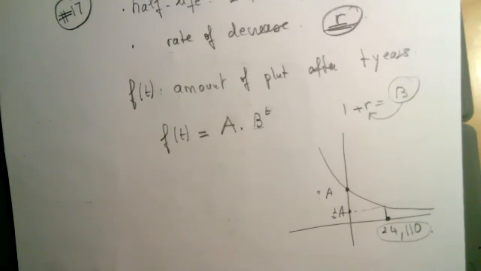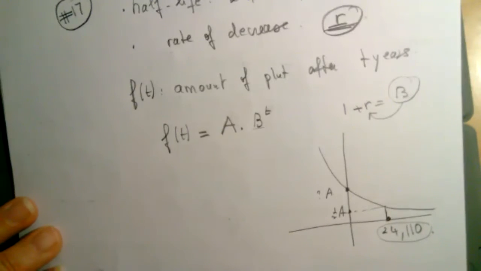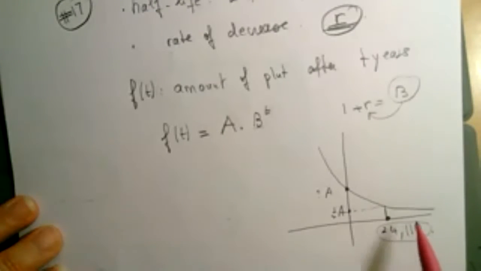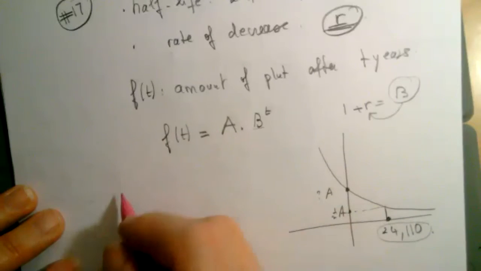That's t, that's time, of course. That's the half-life. Half-life is the time needed for the amount of plutonium to decrease to half its value. That's the time, how long it took. Let's make sure we use this information. How can I use it?